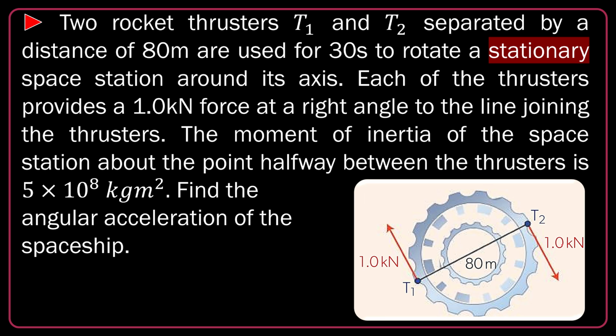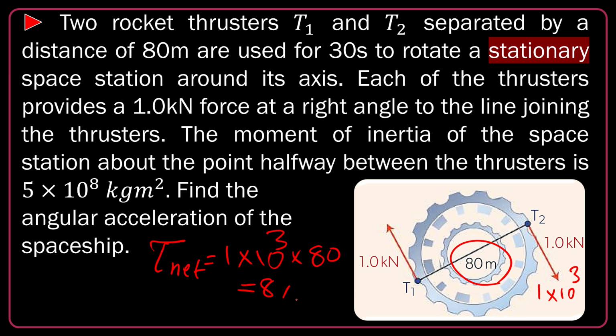Just keep in mind the force is 1 times 10 to 3 because there is a kilo. Okay, in SI it will be 1 times 10 to 3. The separation is 80. So the net torque is 1 times 10 to 3 times 80, so it's 8 times 10 to 4 Newton meter. This is the total net torque.